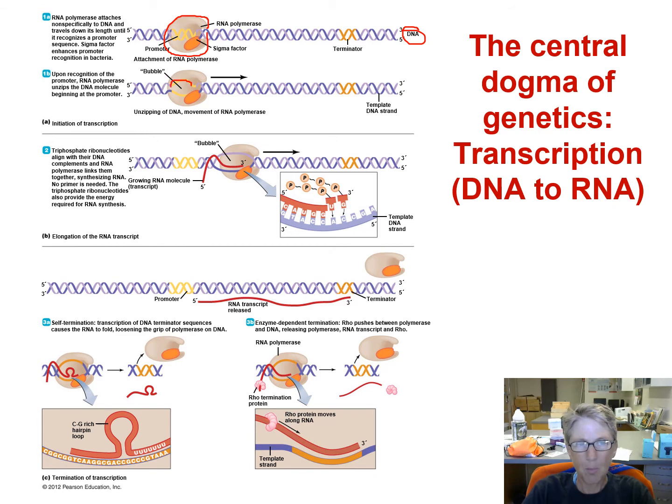It finds a promoter region in the DNA because that's where the gene starts. And then the RNA polymerase moves along the DNA, transcribing from the DNA template, the RNA strand, which is right here. And then at some point, there's a terminator sequence in the DNA, so the RNA transcript is done being made and it's released.